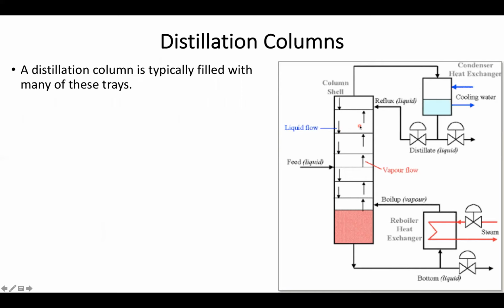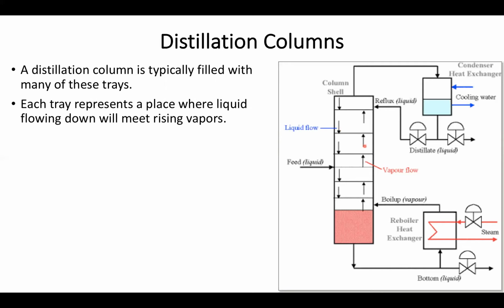And so what we end up having in a typical distillation column is a whole bunch of these vapor trays. Each one is going to essentially be a point at which the falling liquid can meet the rising vapors.